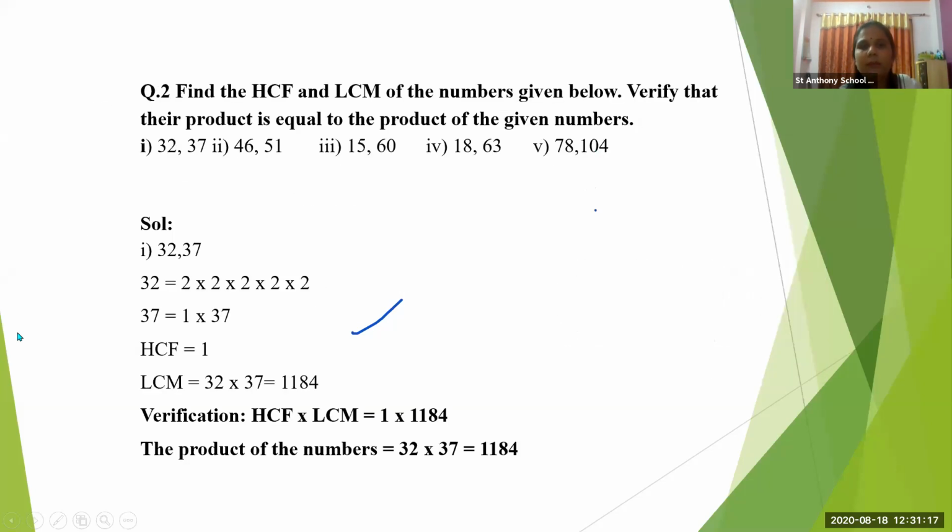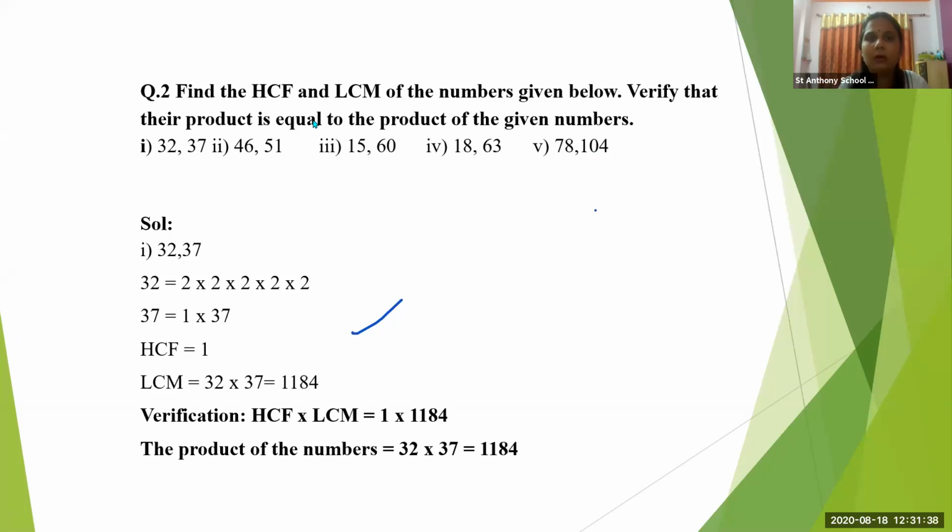So that means HCF and LCM has been cleared right now. If you want to find HCF, take numbers separately, do factorization, take common numbers, that would be your HCF. If you want to find LCM, collect the numbers and take division of the numbers, and that will be your LCM.